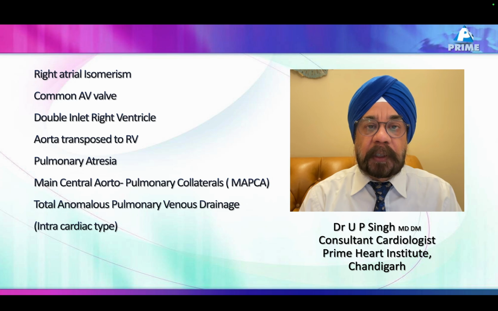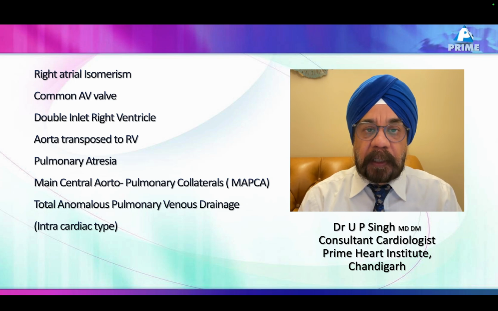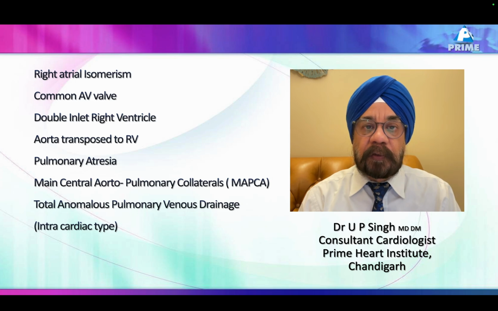Then there was an aorta coming out of the right ventricle. There was pulmonary artery atresia. We did not see the pulmonary artery, but we saw the pulmonary arteries coming from the descending aorta as MAPCA. Then there was a total anomalous pulmonary venous drainage into the right atrium, which forms the intracardiac variety of total anomalous pulmonary venous drainage.